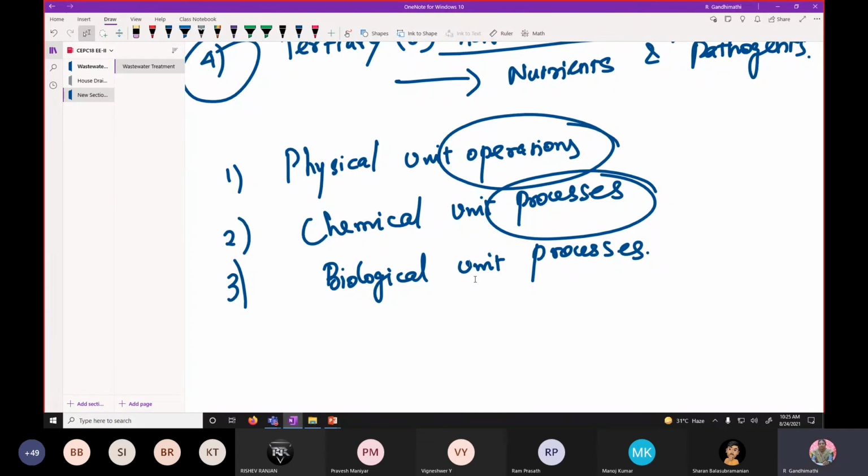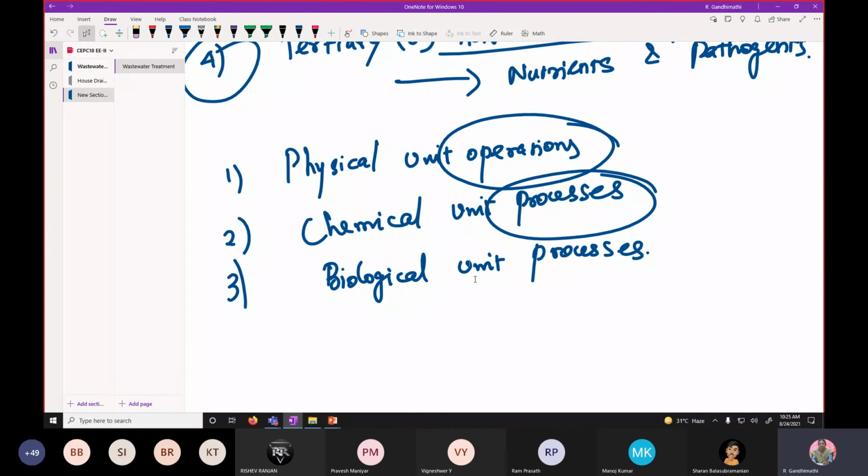The treatment methods in which the application of physical force is predominant. For example, you have studied the sedimentation basin. Are you doing any operations in a sedimentation basin? You are just detaining the water in the tank for a certain duration, maybe 2 to 4 hours or 4 to 6 hours.